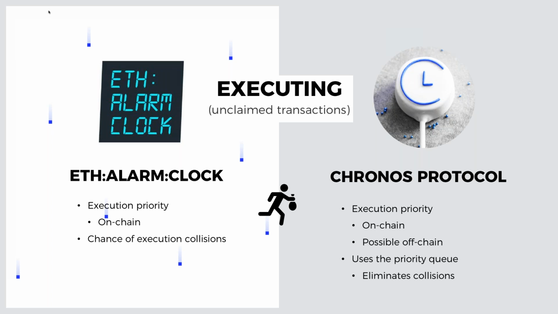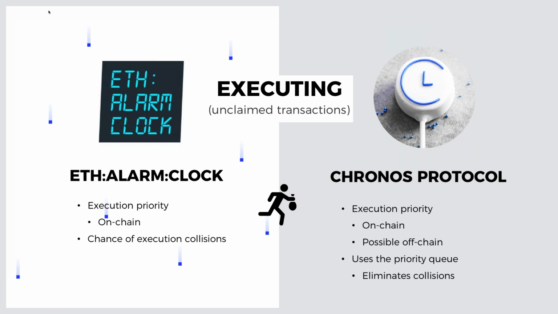Yes, actually, this is one of the main reasons Logan came up with the priority queue: the execution collisions as well as the claiming collisions. Right now with the Chronos protocol, we have the priority queue on chain, arranging the time nodes based on their Day token stake. We're also working on the off-chain model, which still accounts for the total Day token stake of each one of the time nodes, and uses that to decide the priority.